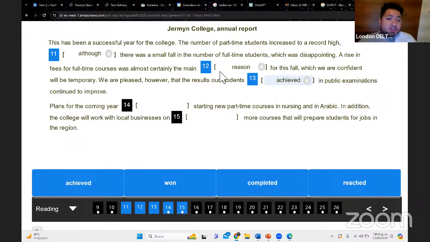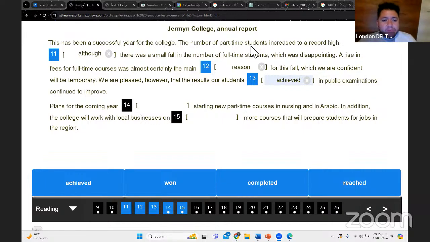Achieved. ¿Qué significa achieved? Lograr. Right? It's letter A. Very well, Chris. So it says, los resultados que nuestros alumnos alcanzaron en los exámenes públicos, or like all the universities, continue to improve, siguió mejorando.